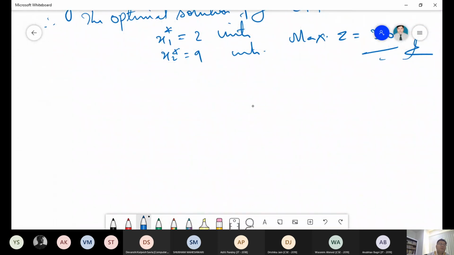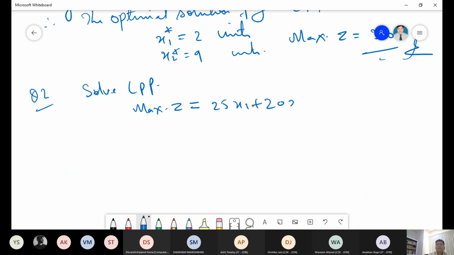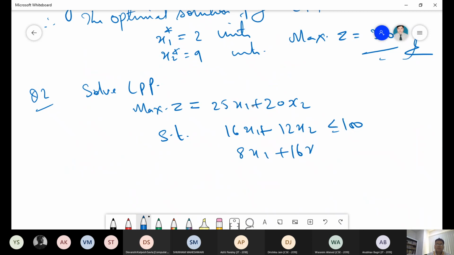Question number 2. Solve the LPP by graphical method. Max Z equal to 25x1 plus 20x2, subject to 16x1 plus 12x2 less than equal to 100, 8x1 plus 16x2 less than equal to 80, and x1, x2 greater than equal to 0.